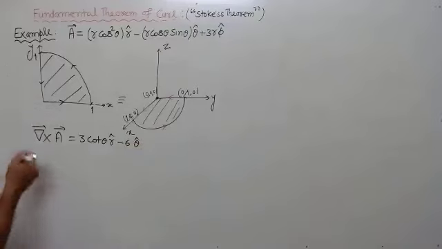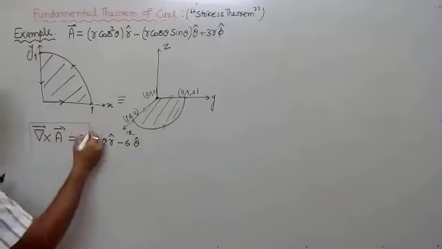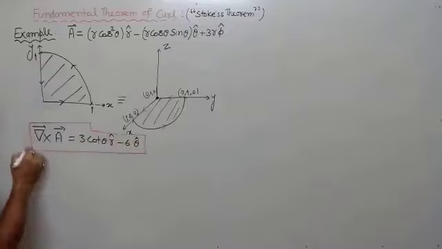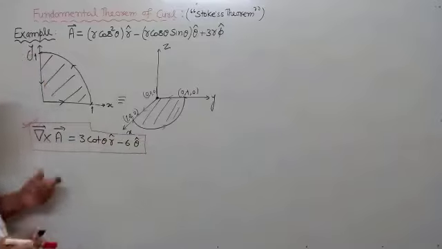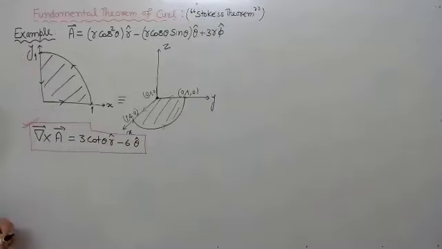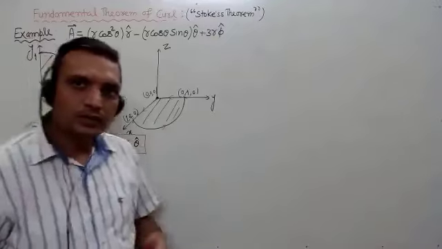Please verify it. You know how to calculate in spherical polar coordinate. So you have to again verify it. Yes or no? Yes, sir. So you also know how to calculate it, so you can recheck it.